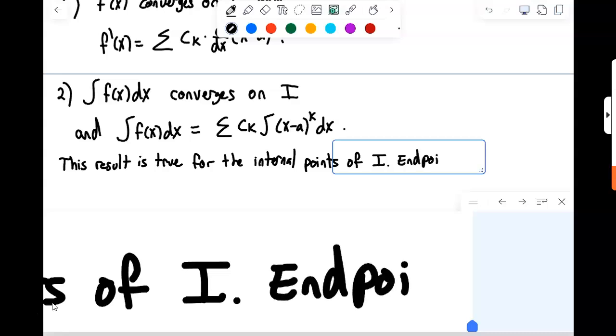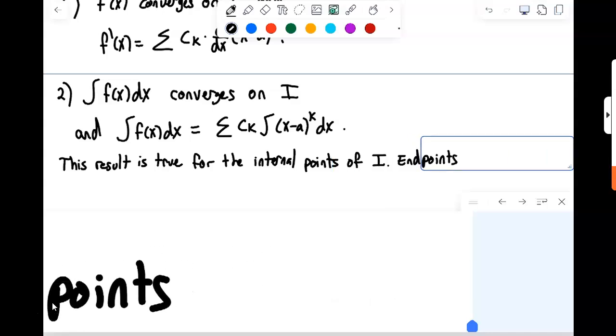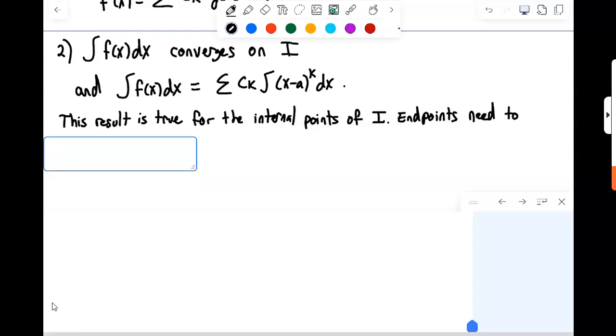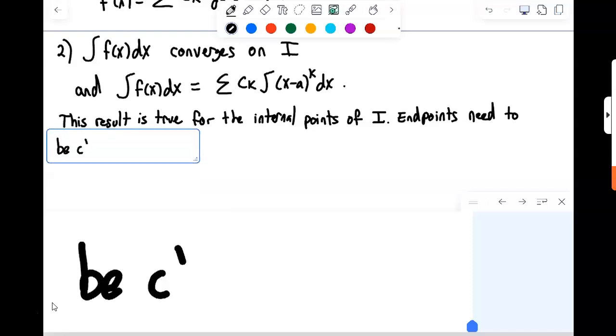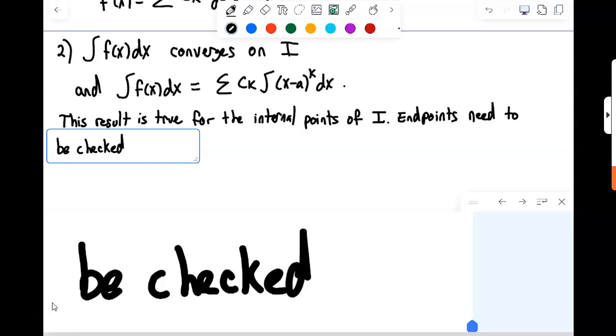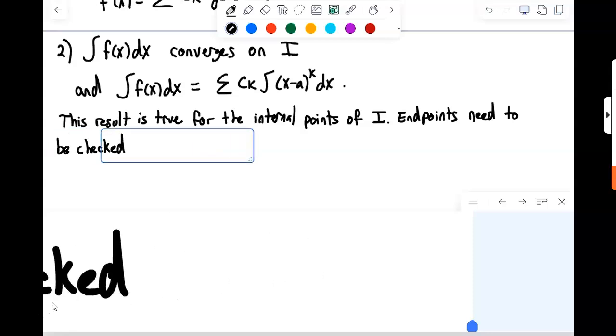Endpoints need to be checked separately if we're worried about those. So you would have to look at the series result you get and see, does that series work?